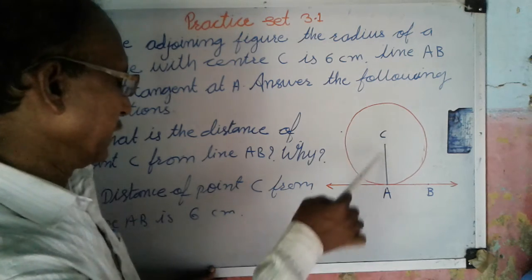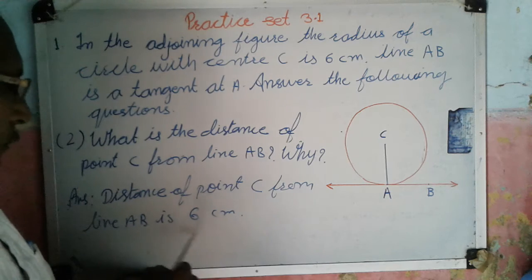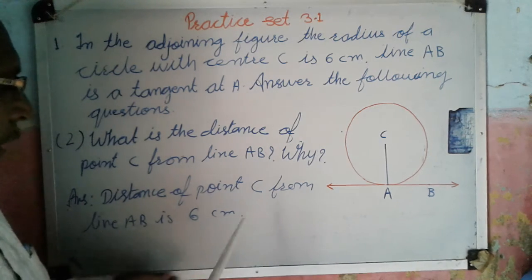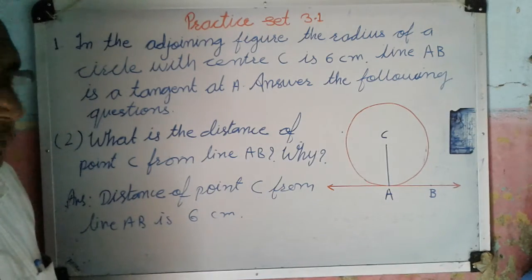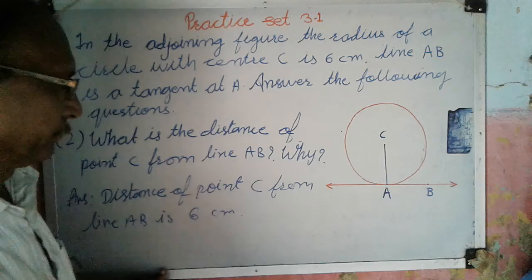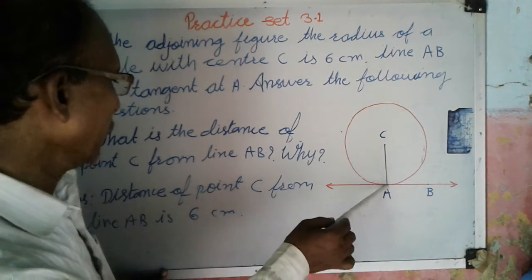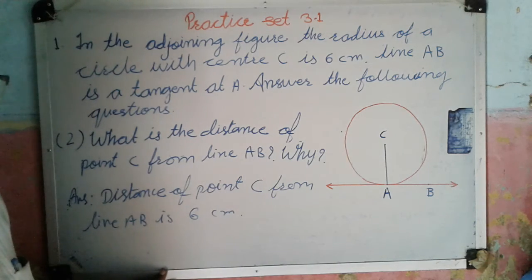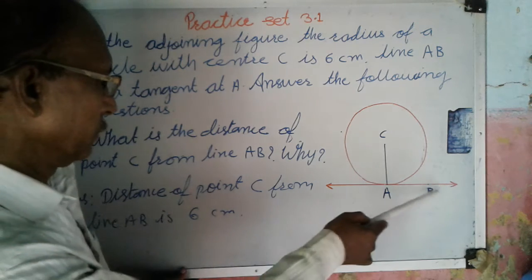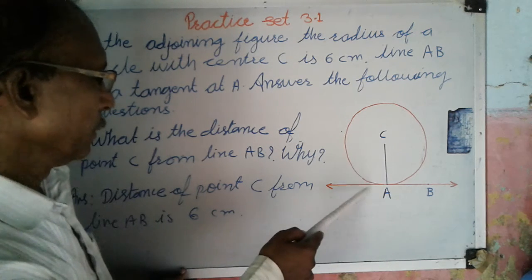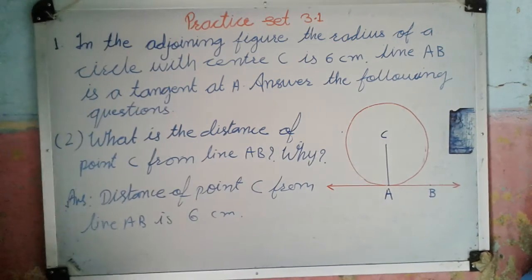And this distance is 6 centimeter. And therefore, your answer is 6 centimeter, and reason is that because AC is the radius of the circle and line AB is the tangent to the circle at point A. That means AC is the perpendicular distance from this line. Therefore, answer is 6 centimeter.